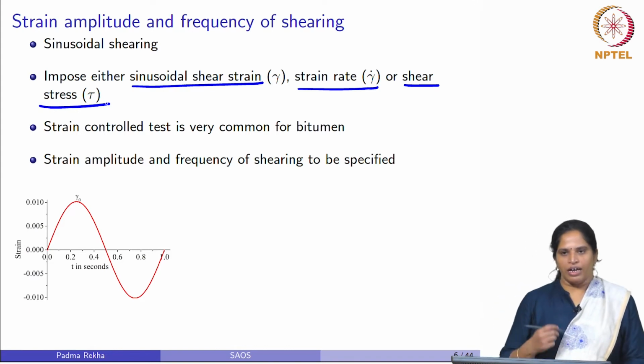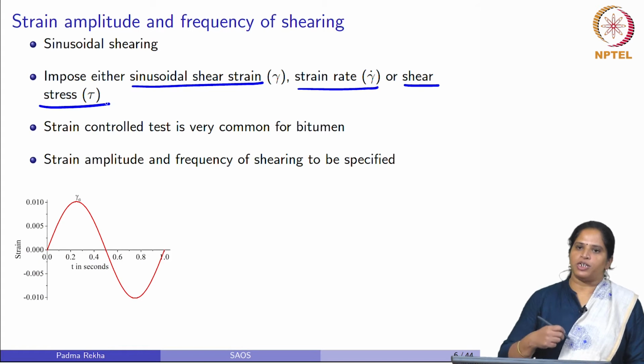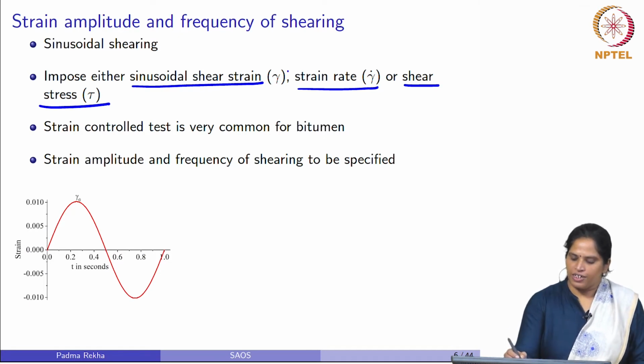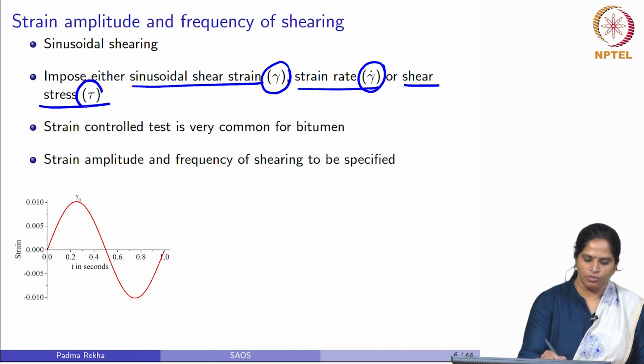So, we control the oscillation in such a way that the material is subjected to a sinusoidal strain or a sinusoidal shear rate or sinusoidal shear stress. Let us represent shear strain by gamma, the rate by gamma dot, and the shear stress by tau.